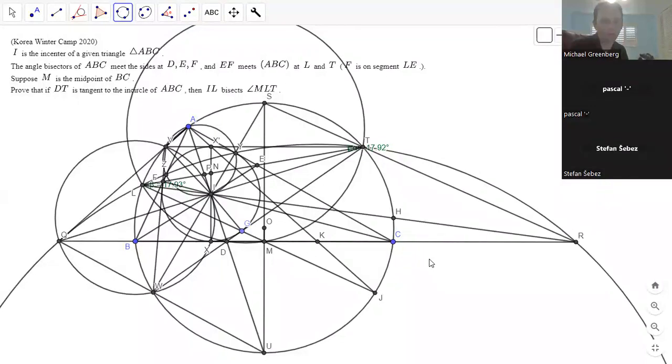We actually know that BCVW is harmonic, which you can get just by projection from T. So you project through T onto BC. Oh wait, that would mean BCD-infinity would be harmonic, but that's not true. Sorry, I said it wrong.